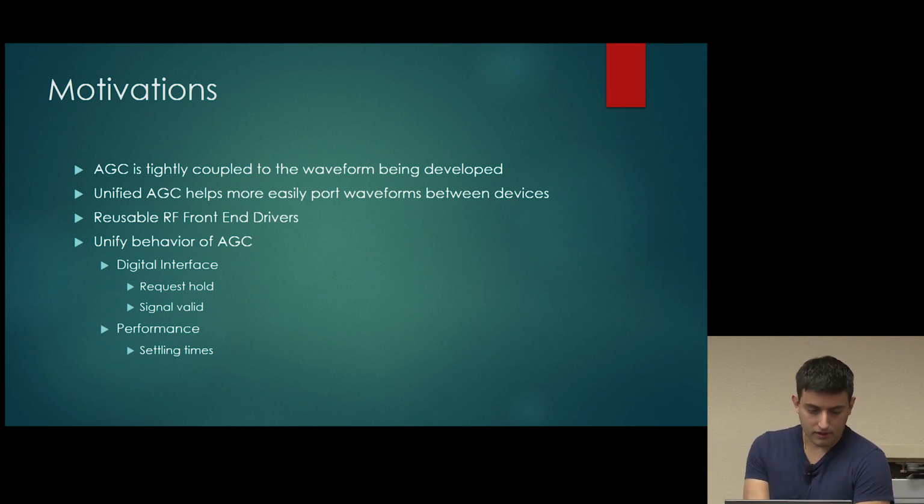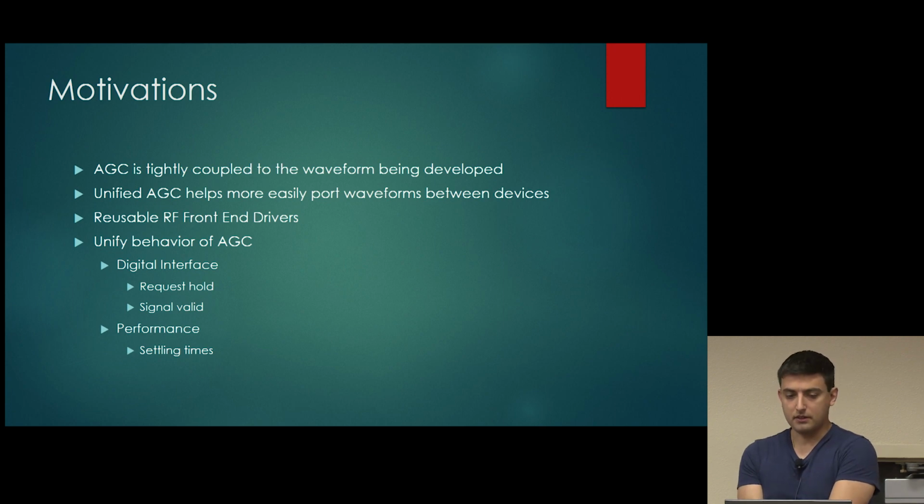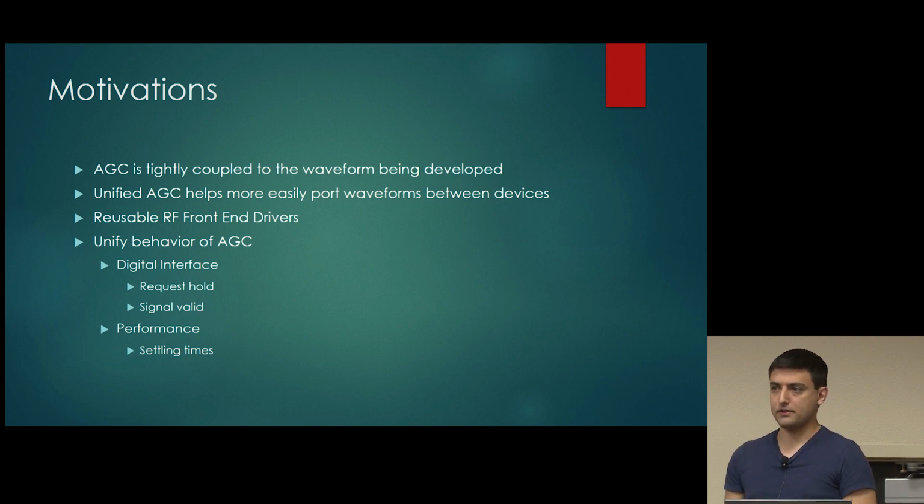The idea was also to unify the behavior of several AGCs, because there are RF transceivers that do have AGCs, but achieving certain functionality, such as holding a gain setting, might be a little bit more tricky and require a little bit more work than on other transceivers.